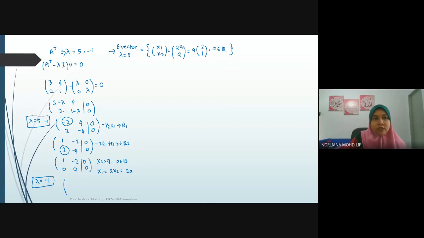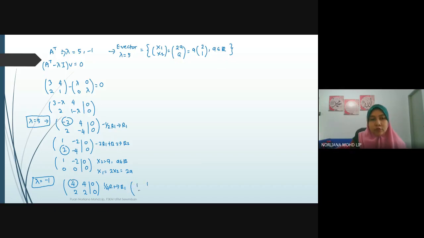Substitute into this equation. 3 minus negative 1 is 4, 4, 2, 1 minus negative 1 is 2, 4, 1. Take 1.